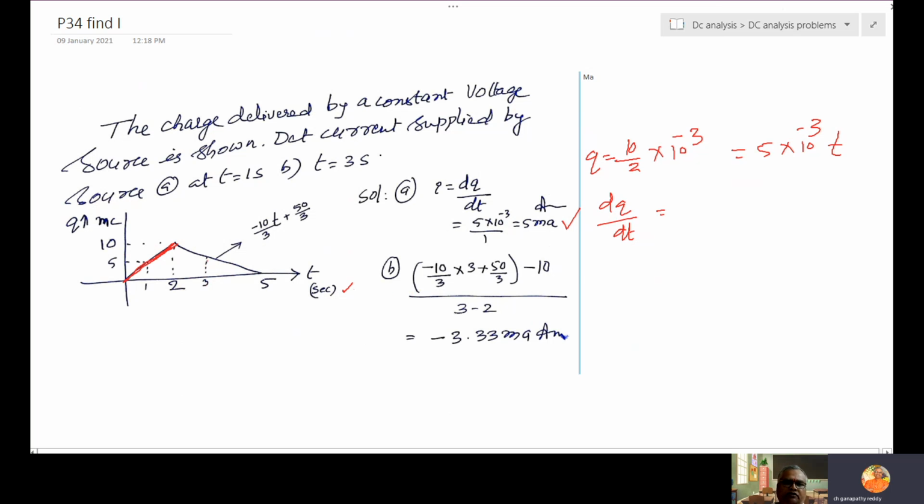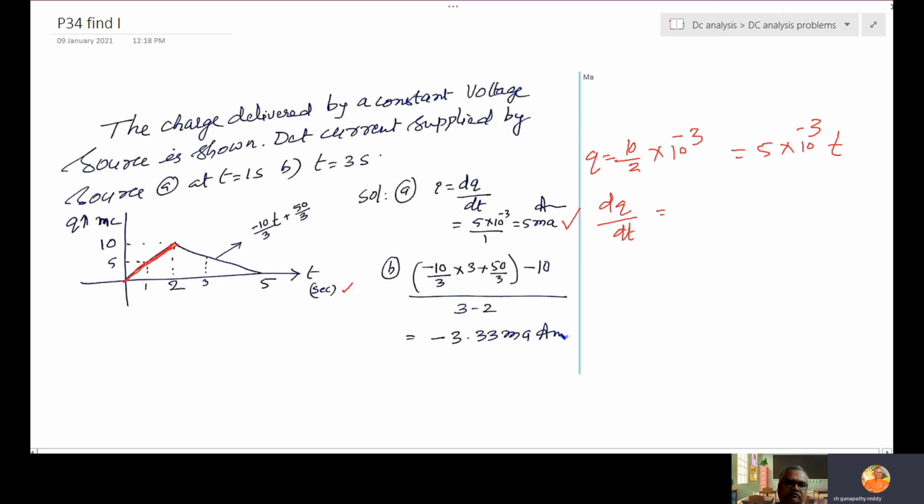is asking at t equal to 3. At t equal to 1, what is the change in time? 1. At t equal to 3, what is this equation now? This equation you have to find, dq by dt. So the Q equation you should know.